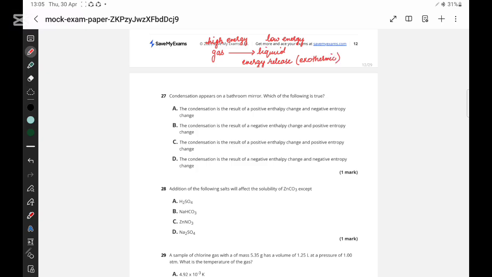And you know that gas is more disordered, its particles are more disordered, and as you move towards liquid state, it is going to be less disordered.